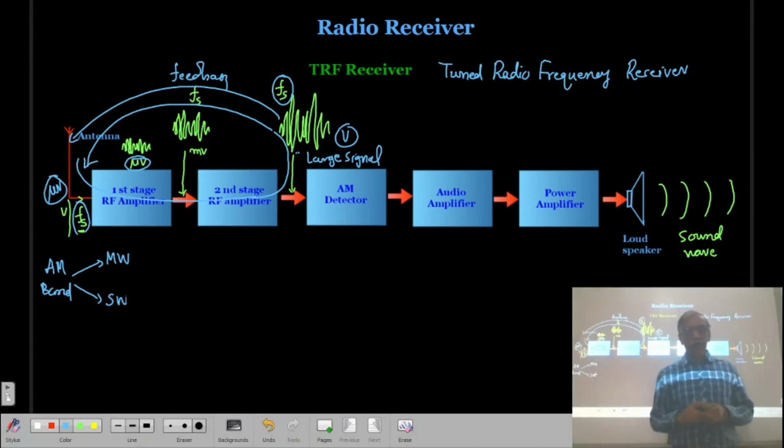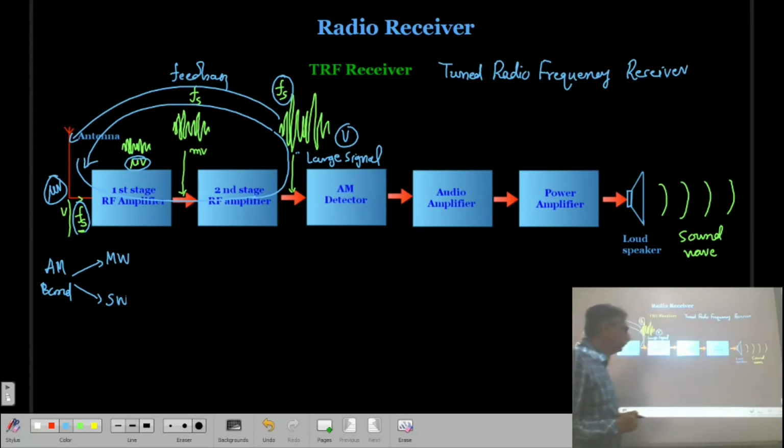So, if you see the scale on the radio, there are two bands, the medium wave band and the short wave band. The medium wave band is given a frequency range from 540 kilohertz to 1640 kilohertz.